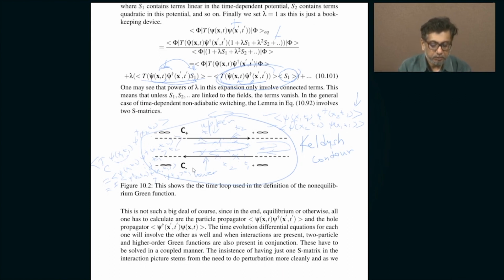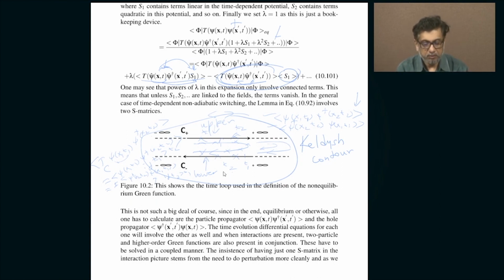And suppose you want the hole Green's function, you make sure that T2 is on the lower branch and T1 is on the upper branch, regardless of the numerical values. T2 can be as negative or as positive as it wants, and independently T1 can be anything. Once T2 is on the lower branch, you will always be studying the hole Green's function so long as T1 is on the upper branch.